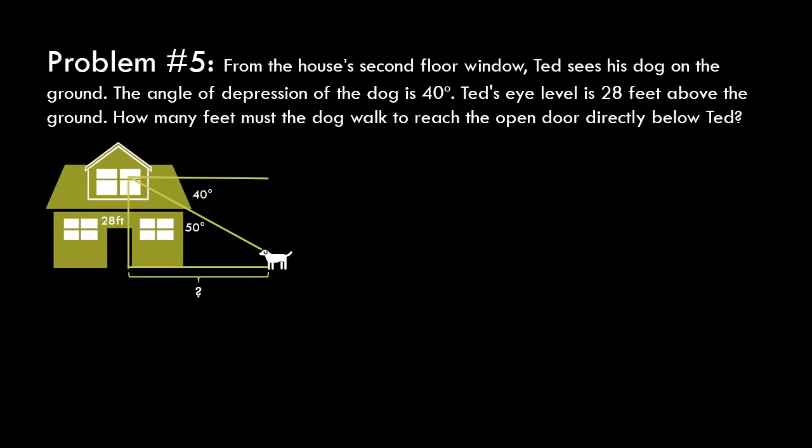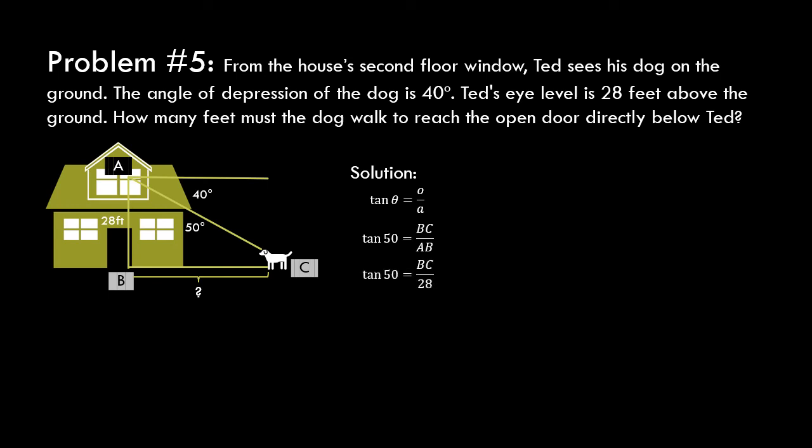So in our solution, the function that we are going to use is tangent theta, which is opposite over adjacent. So the theta, we're going to substitute that by 50. We're going to use the 50 degrees, not the 40, since 50 degrees is what's inside the triangle. And our opposite side is side BC, and our adjacent side is side AB.